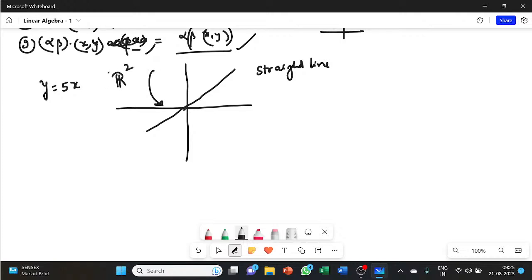What is R square? R square represents all the points in the Cartesian plane. And y = 5x categorically represents all the points in R square that lie on this particular line. Don't you think that y = 5x is a subset of R square? Yes or no?